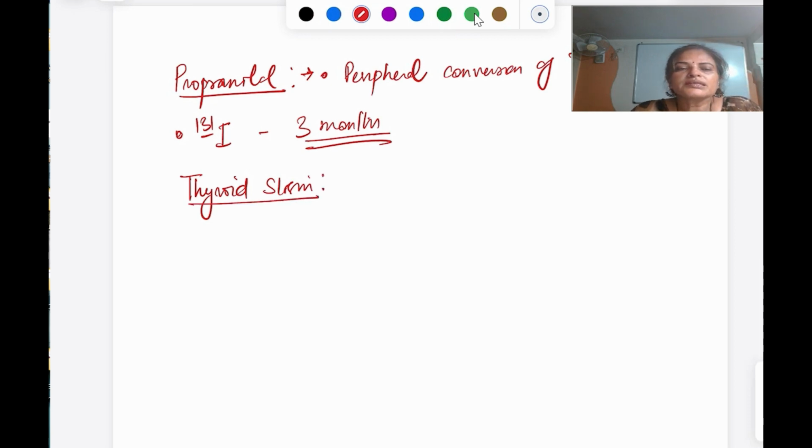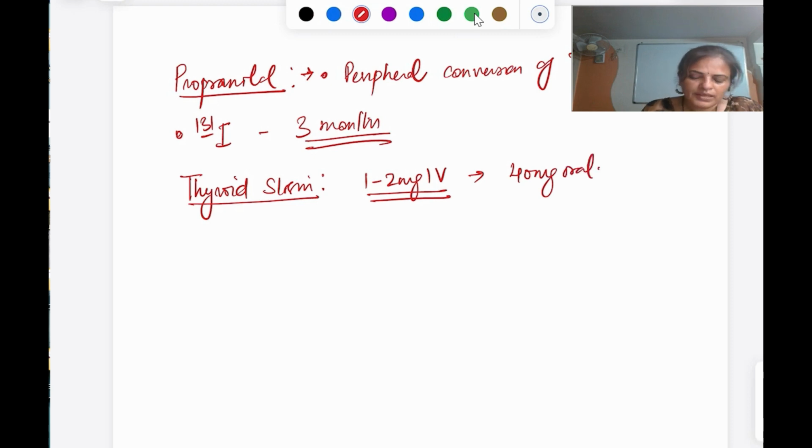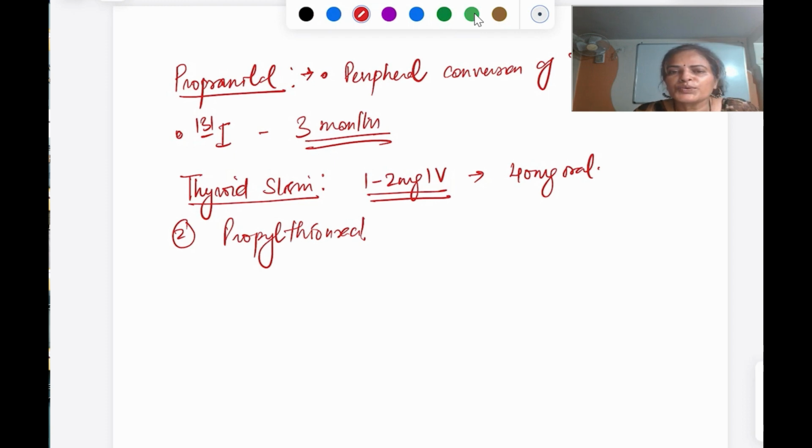It is an emergency. इसमें आपने पेशेंट को क्या करना है, सबसे पहले you put the patient on propranolol 1 to 2 milligram IV you give, and a little bit of symptom control will be there, and then you put the patient on 40 milligram oral. इसमें आपने कार्बिमेजोल नहीं देना, you are going to give propylthiouracil, because this is also going to inhibit, it is an antithyroid drug. It also inhibits the peripheral conversion of T4 to T3.